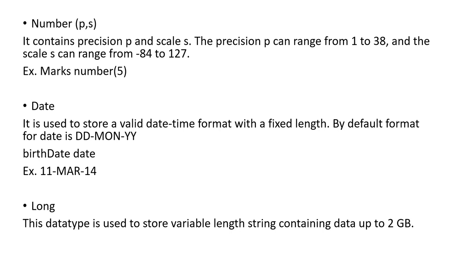The precision P ranges from 1 to 38, and the scale S can range from -84 to 127. Here is the example of the number data type. In the marks column we are going to store numeric data. The column name is marks, and after the column name you need to specify the data type. So the number data type and the size is 5. Maximum 5 digits we can use in this column.